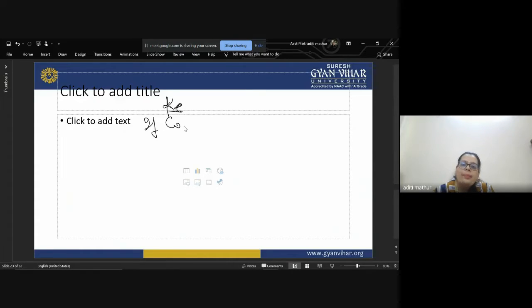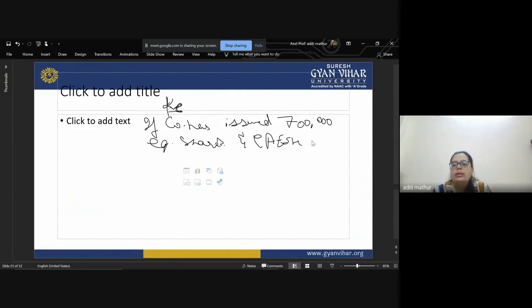If a company has issued 7 lakh equity shares and earning available for equity shareholders is equal to 70 lakh, and market price is equal to 50, calculate KE.